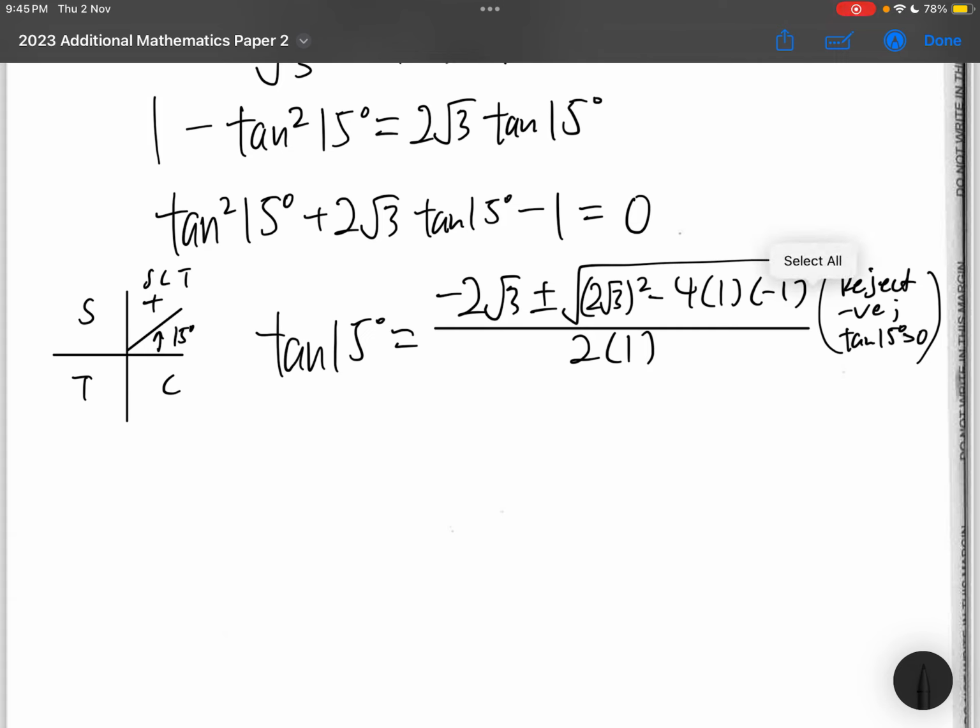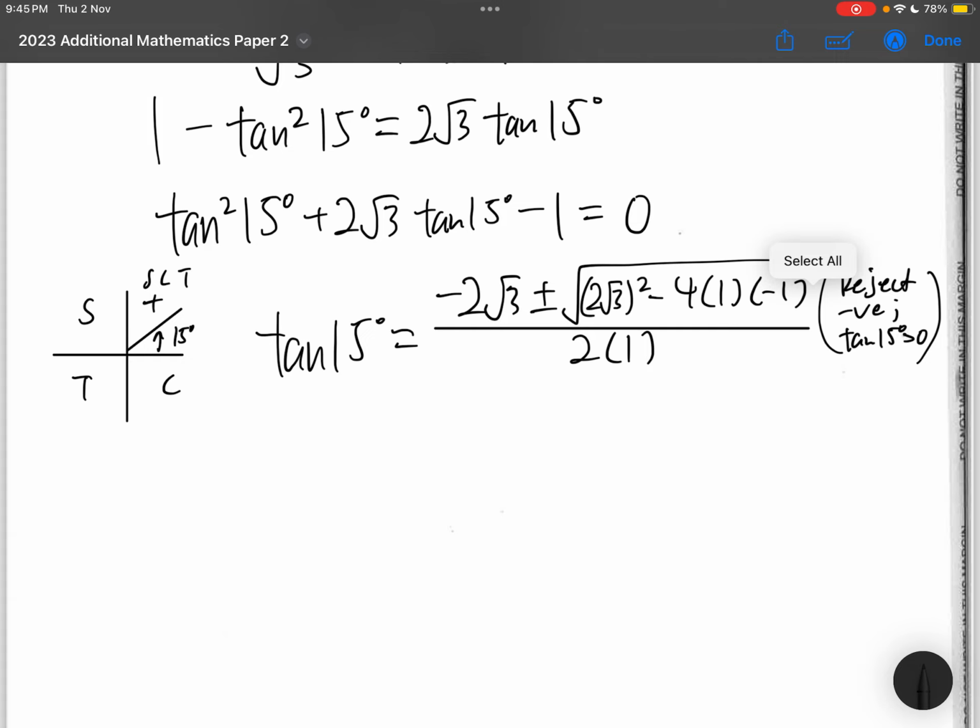So ultimately, what we are left with, let me just check. That's right. So we have to reject the negative root.